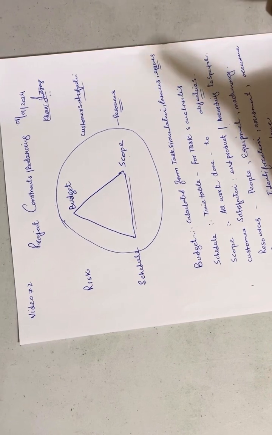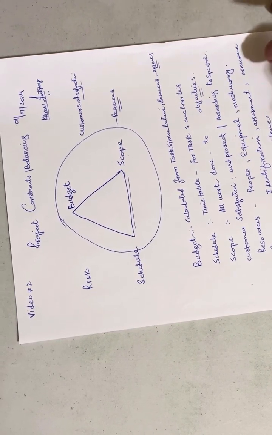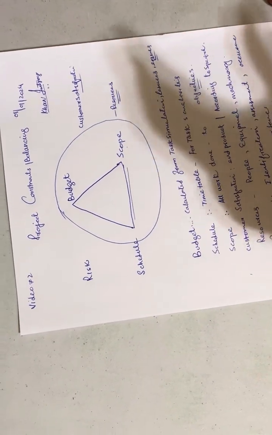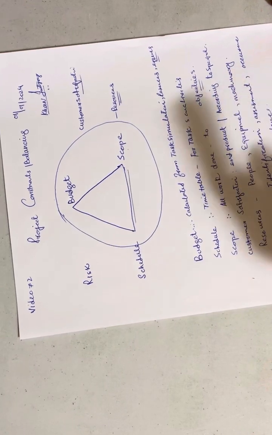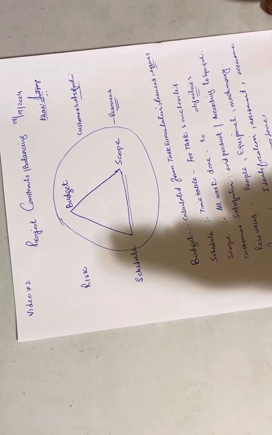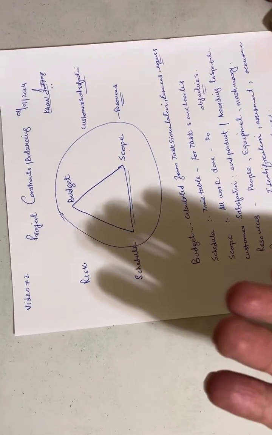We assess all the risks, not just one, two, three, and then we calculate the likelihood of occurrence, at which time it will occur. Maybe at the beginning of the project there is a lot of risk, and in the middle it decreases.